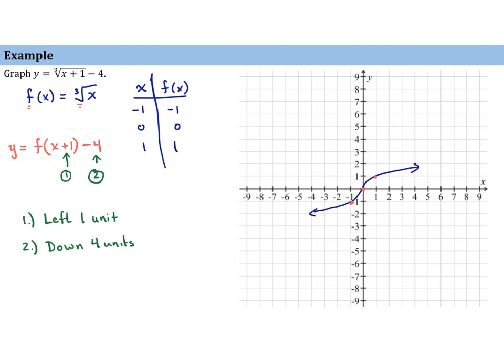So if we move, let's start with the 0, 0. Let's move that left 1 and down 4. And then if we move 1, 1, left 1, and then down 4. And then -1, -1, left 1, and down 4. We end up with this shape.